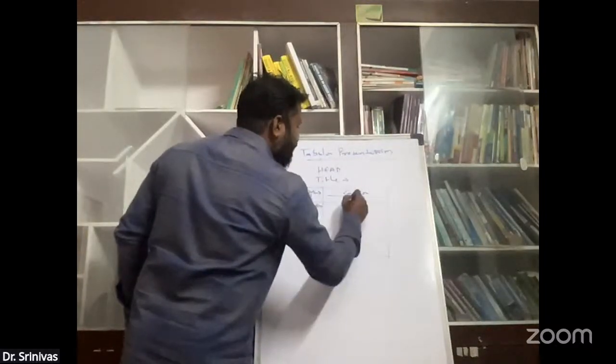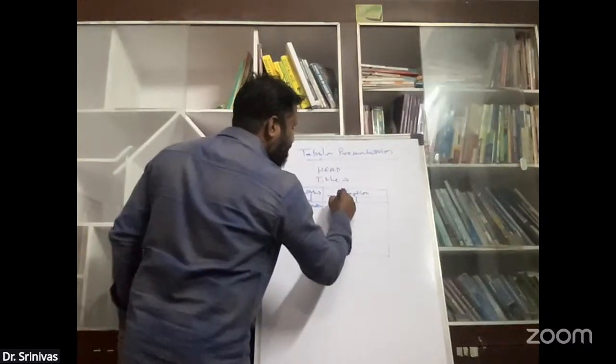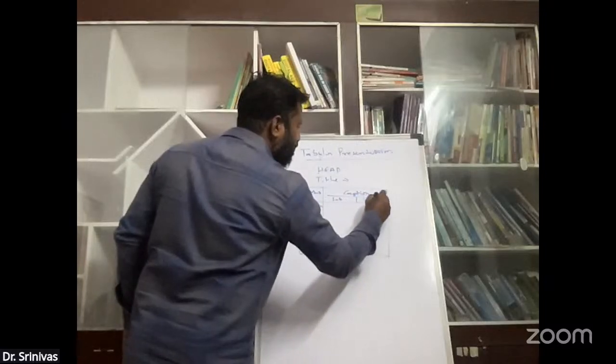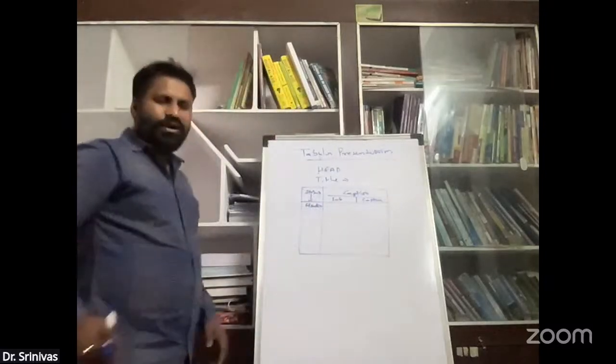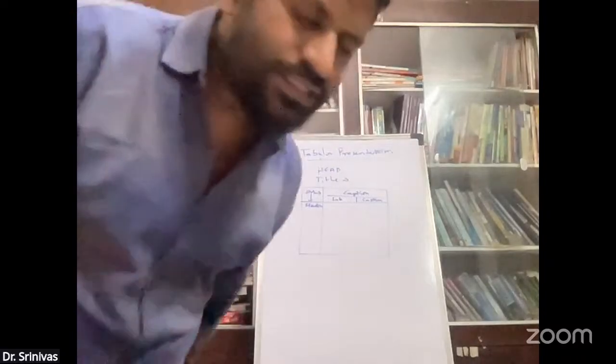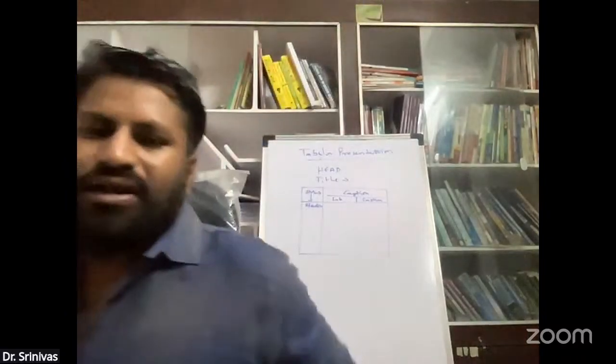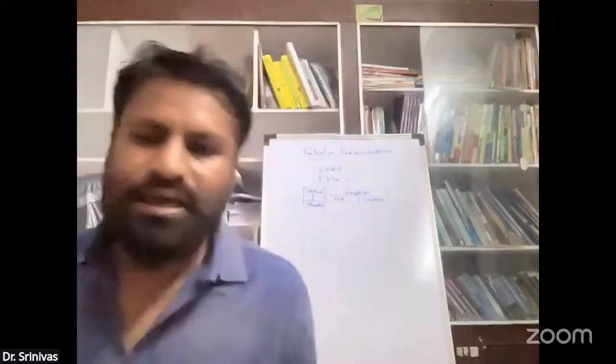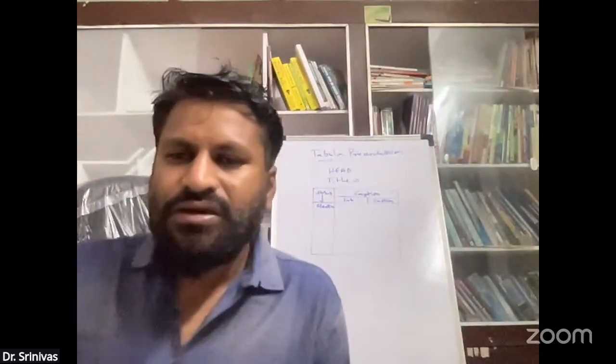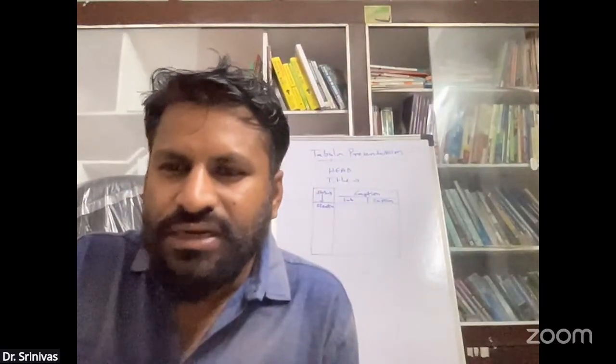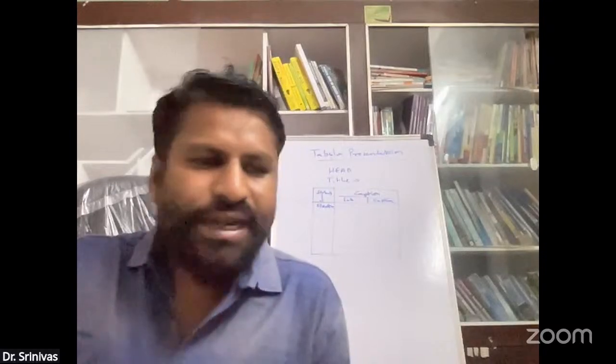If subdivided, we also give subcaptions. Elements of table simply means what parts the table contains. That is called table contents.